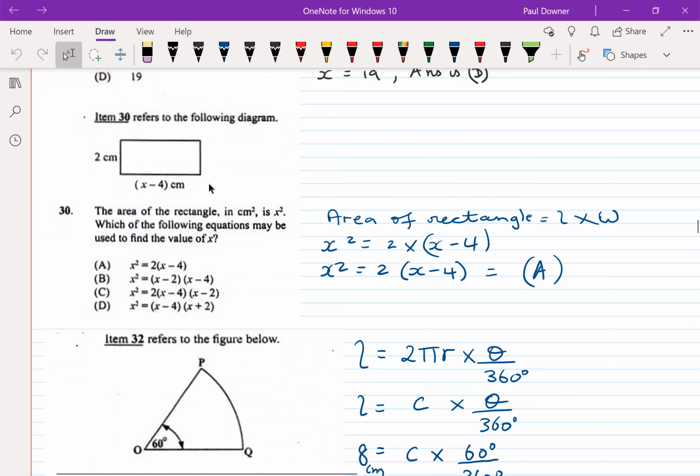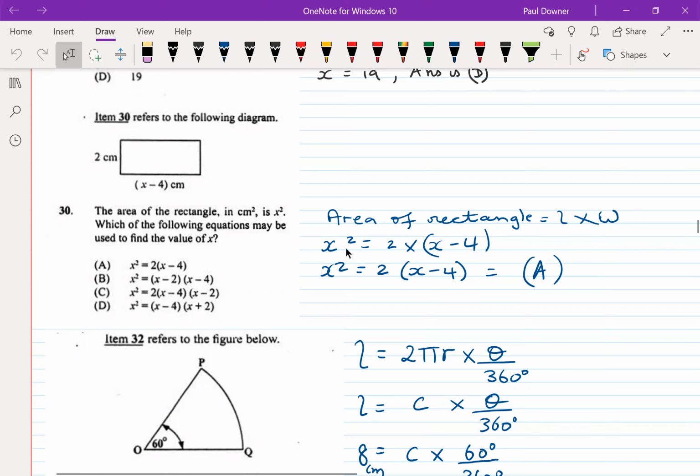In this one, they give you a rectangle and its dimensions. 2 centimeters is the width, and the length is x minus 4 centimeters. The area of the rectangle in centimeters squared is x squared. Which of the following equations may be used to find the value of x? Well, what's the area of a rectangle? It's length multiplied by width. So the area, which they gave us as x squared, we write it down.